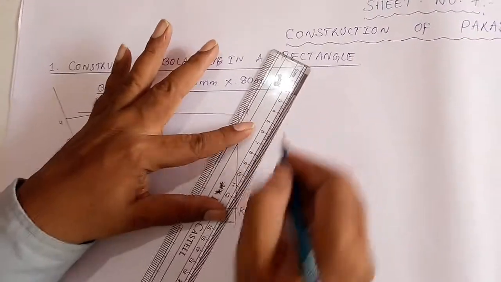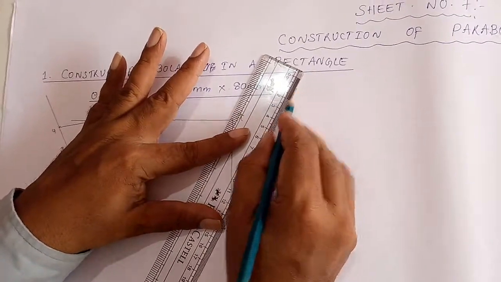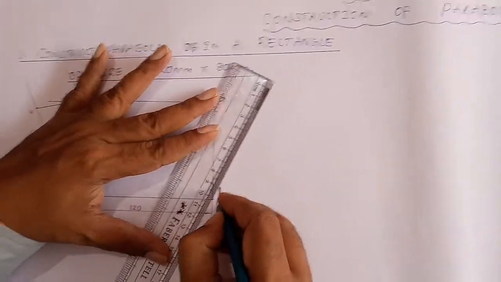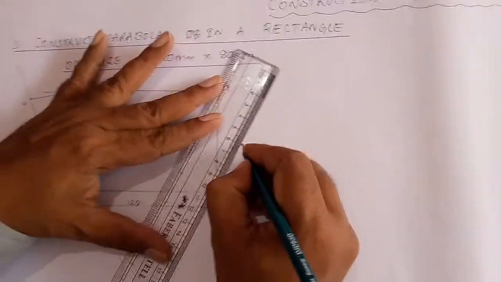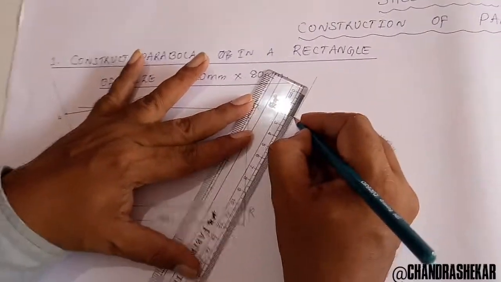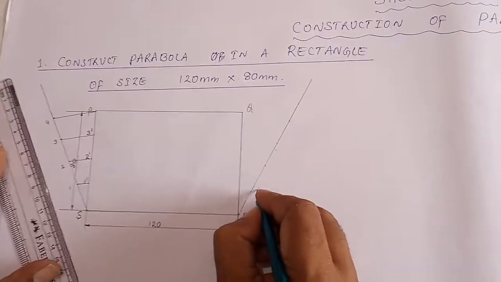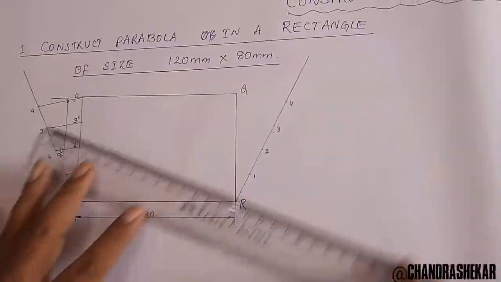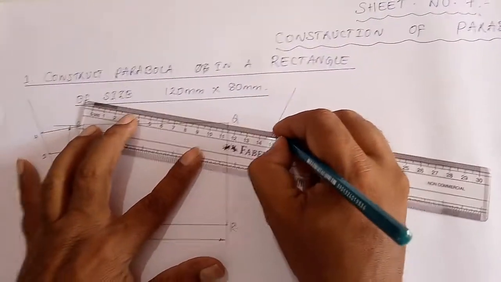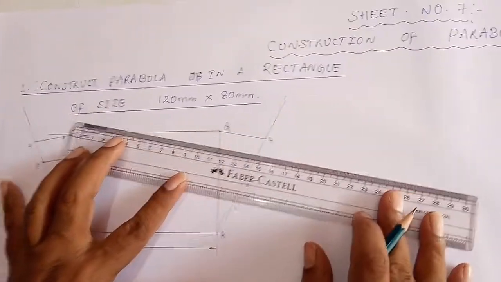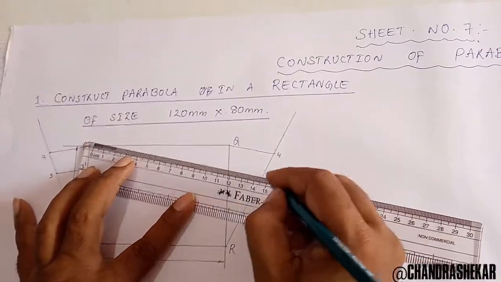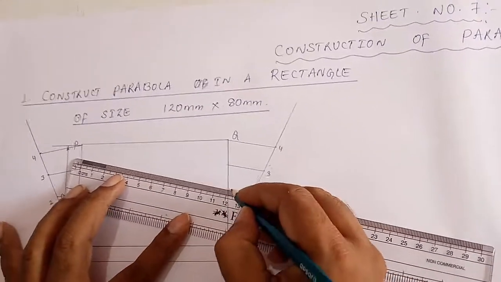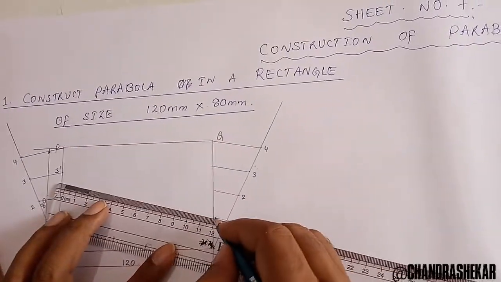Draw a line of any length. Take 2 centimeter, 2 centimeter. All this is 1, 2, 3, 4. Join 4Q and draw lines parallel to 4Q from 3, from 2, from 1.